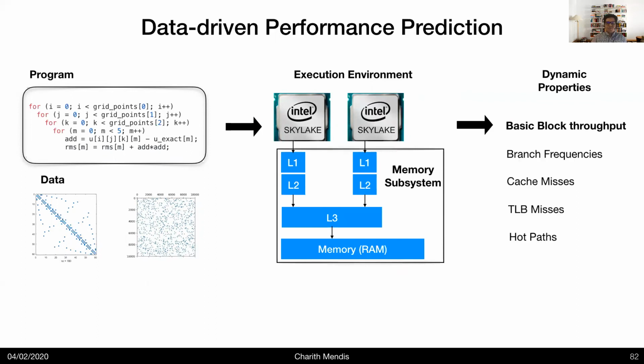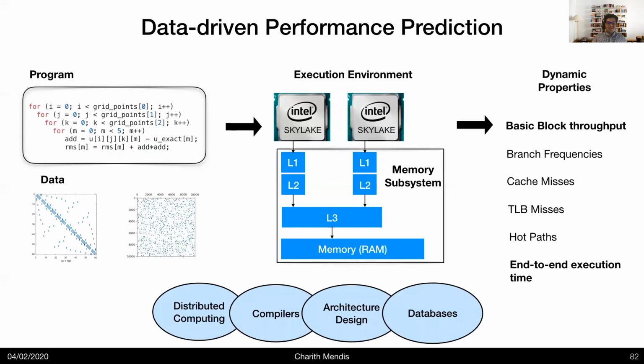And we should be able to predict rich dynamic properties such as branch frequencies, cache misses, TLB misses, etc. And to finally predict end-to-end execution times. I want to explore data-driven techniques to achieve these goals so that we can build tools with minimal human burden. This can be used for better optimization decision making in distributed computing, compilers, architecture design, as well as in databases.